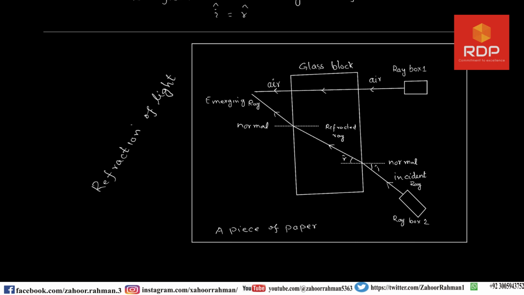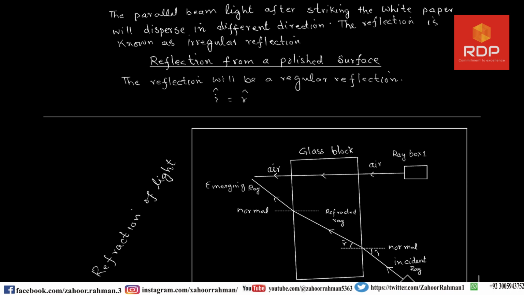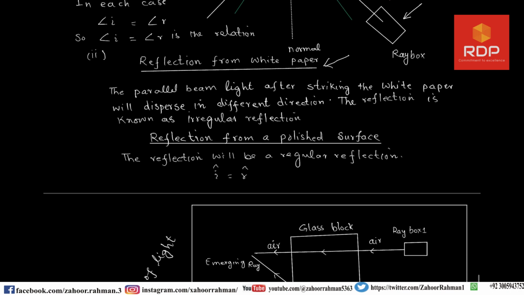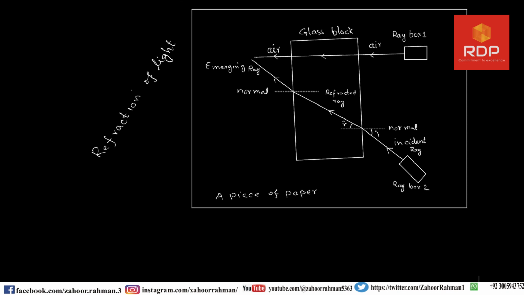For your convenience, I made the diagram of refraction of light as well. The question is particularly asking about the reflection of light, but for refraction of light, we also made a glass slab in which there is a ray box.